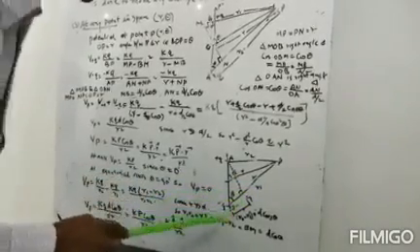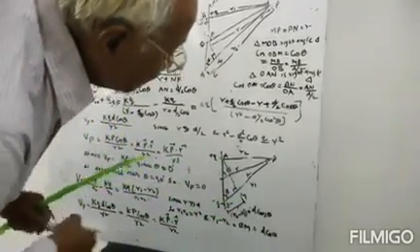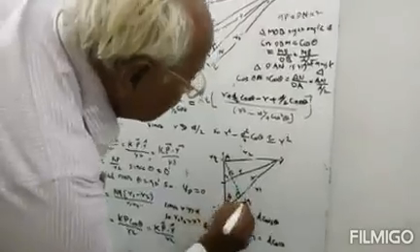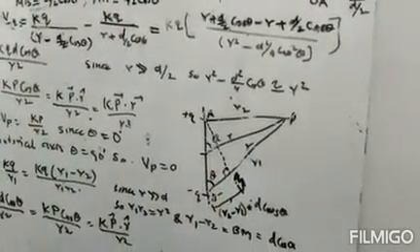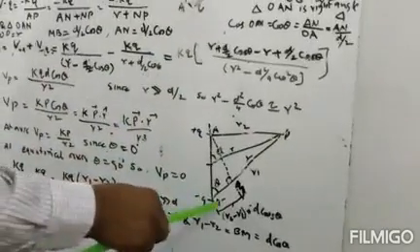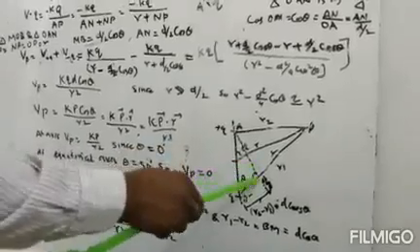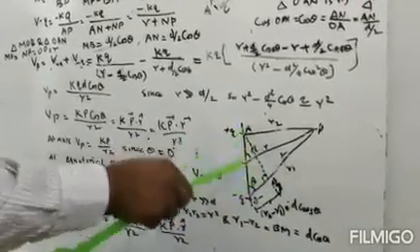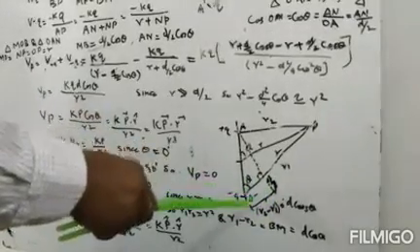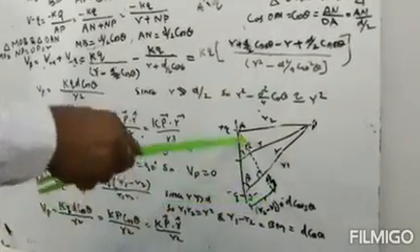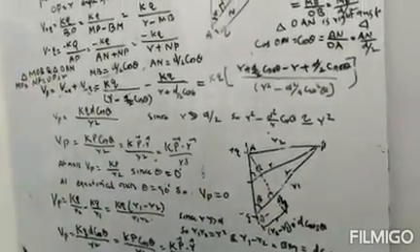Then you take any point M. AM will be equal to R1 minus R2. Now this is a drop, this is 90 degrees. So this distance R2 minus R1 is equal to d cos theta.